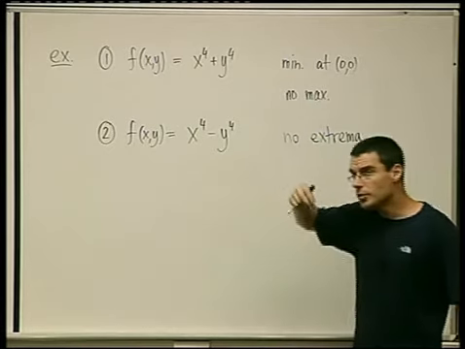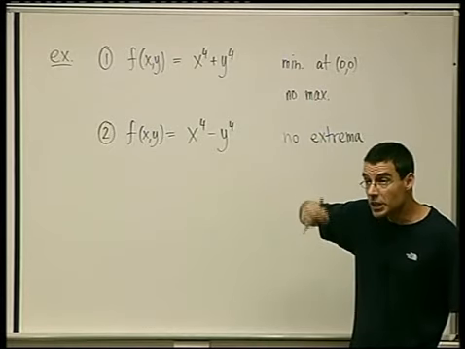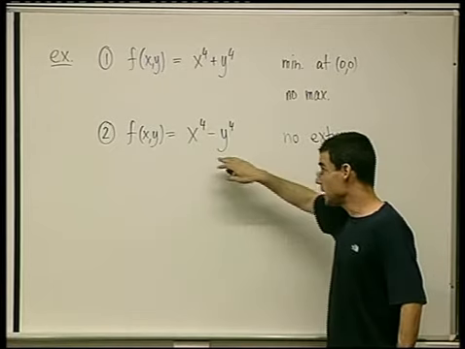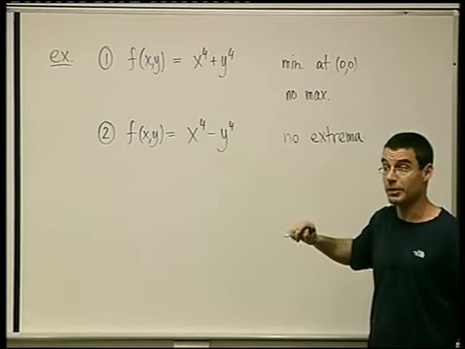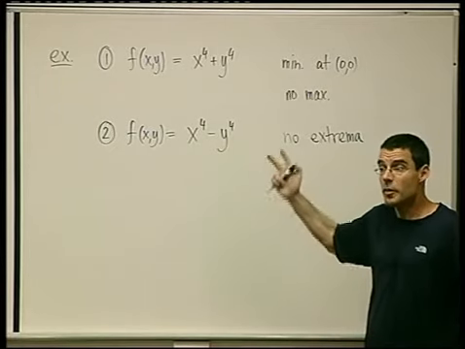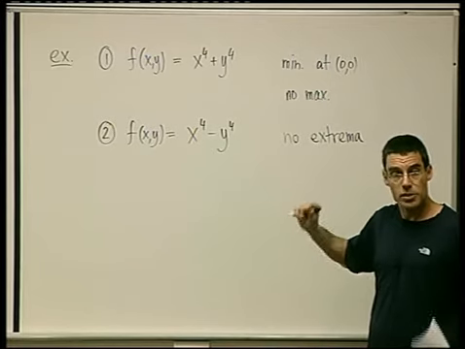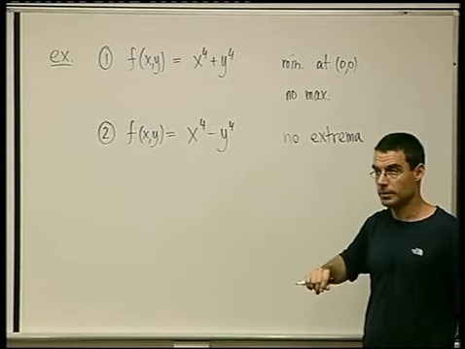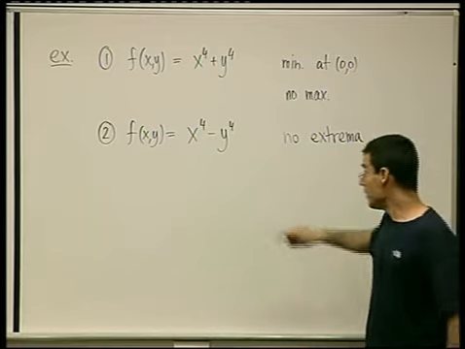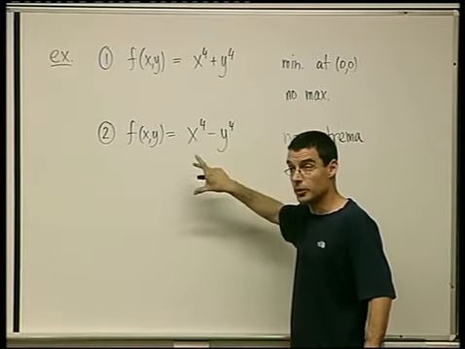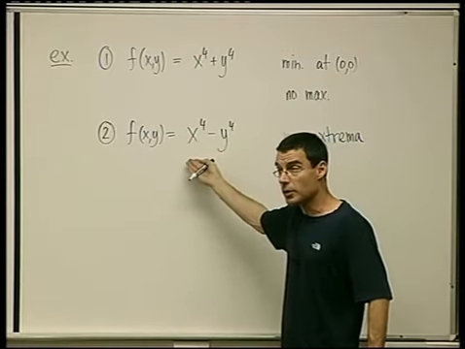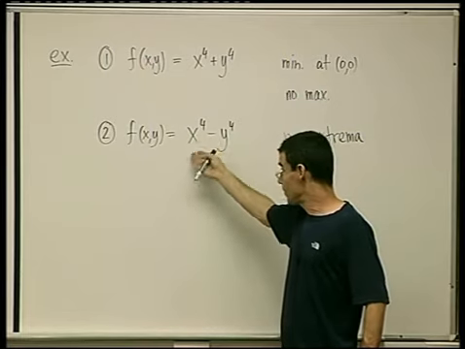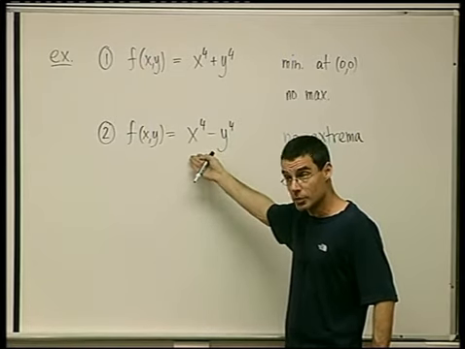I claim that there's a very local argument, very easy argument, to say that no point could be a minimum or a maximum. Think of a point, (x,y). Suppose you claim that (x,y) is a minimum or a maximum. If you make x slightly bigger, the value of f is going to get bigger, right? Because you're taking it to the power 4. Do you agree?